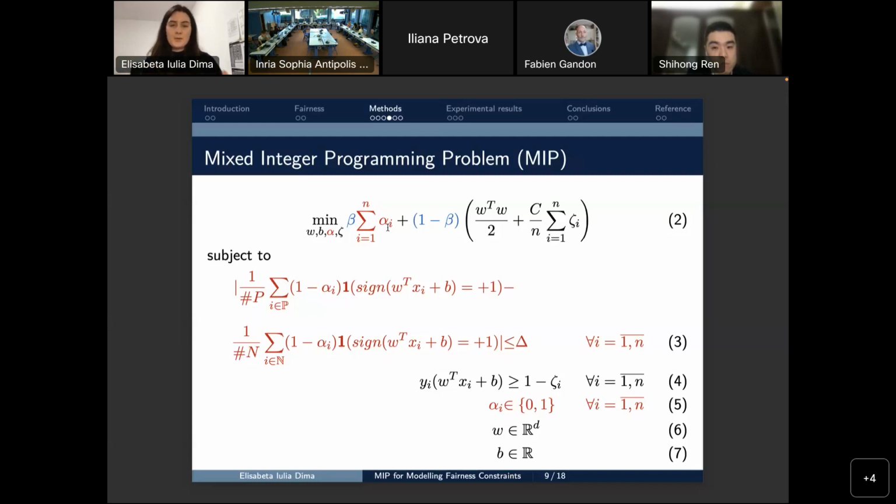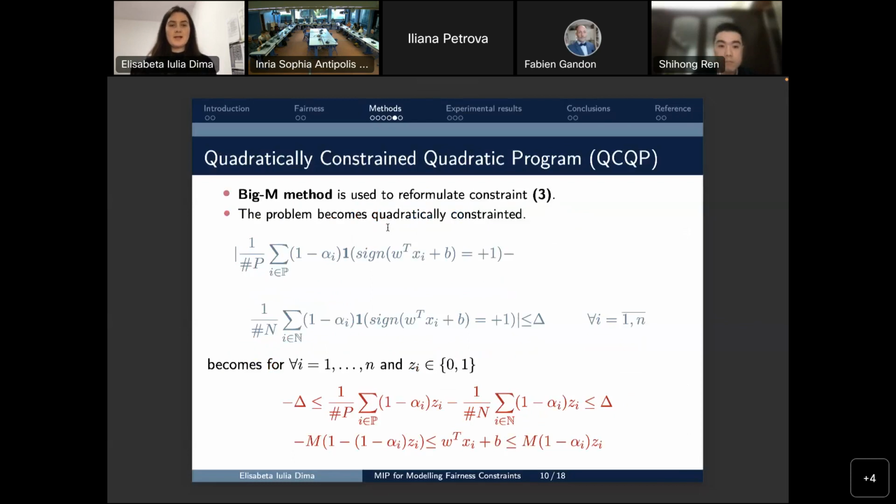And the problem with this is that from a computational or programming point of view, we cannot solve this because it is non-convex and not continuous. So we added another step, which is done by using the big M method, which is a method in mathematical programming, and which binarizes the constraint and reformulates it.